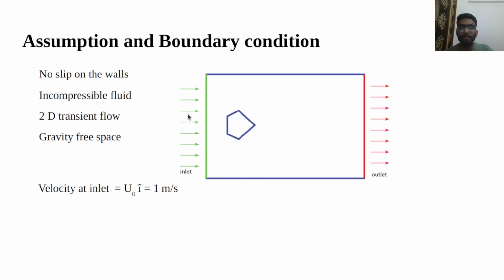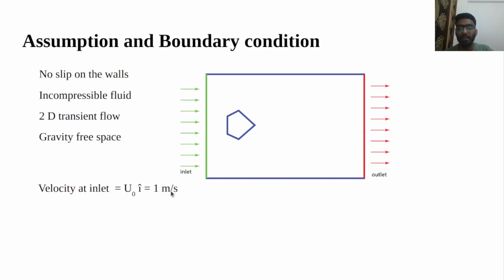There are some assumptions. First, no slip on the walls, so at the wall the fluid has zero velocity. Incompressible fluid, so density is constant throughout our geometry. 2D transient flow, gravity free surface, and initially we take a velocity of 1 meter per second at the inlet, and this is our outlet.